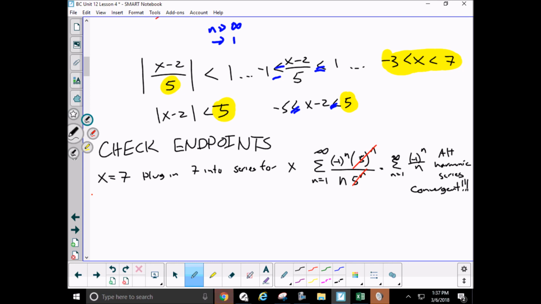So actually, when x equals 7, we are convergent. I then come back here and change that from a less than symbol to then a less than or equal to symbol.